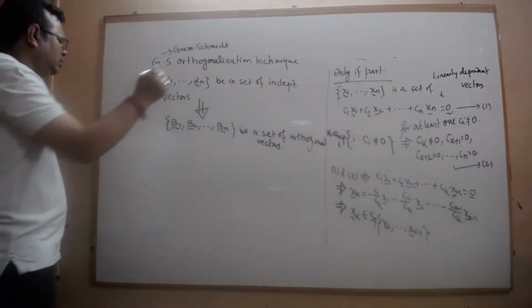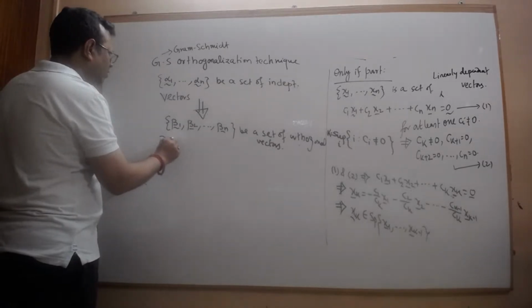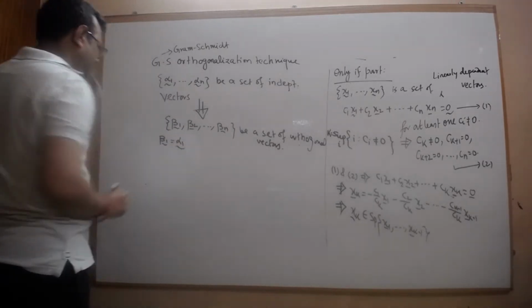This method tells you first you set beta 1 curl equal to alpha 1 curl.